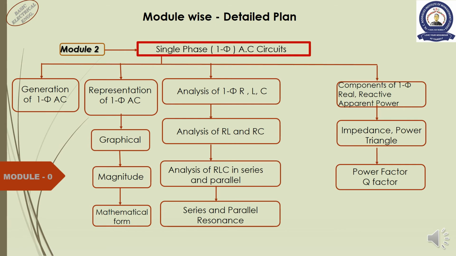Suppose we connect R to a single phase AC supply, what is the effect on its behavior? We are going to study that. Likewise, analysis of RL and RC, and analysis of RLC in series and parallel. Finally, we are going to understand series and parallel resonance, in theory and as implemented in practical.